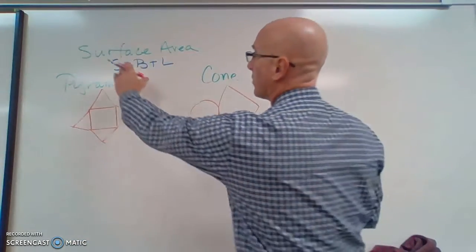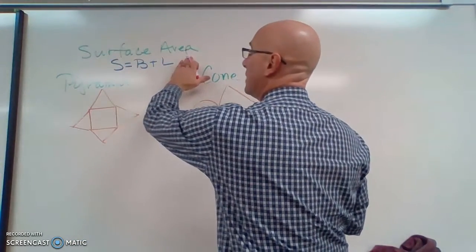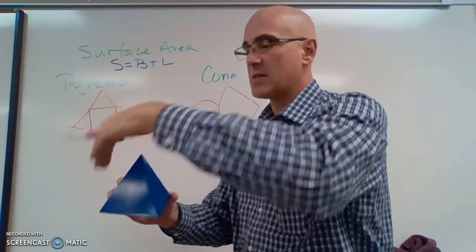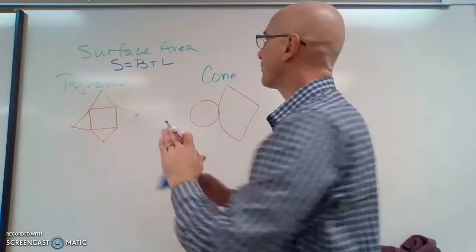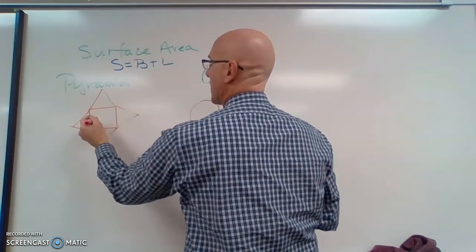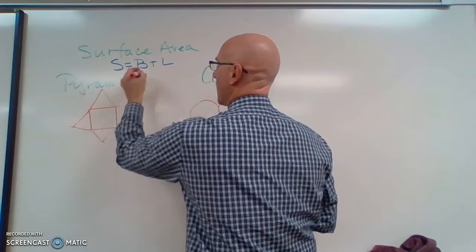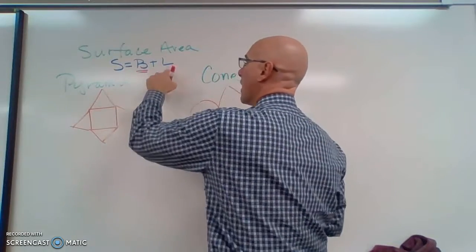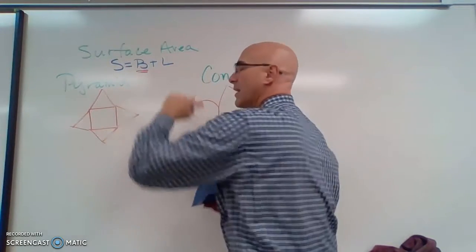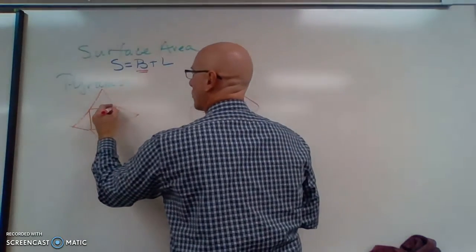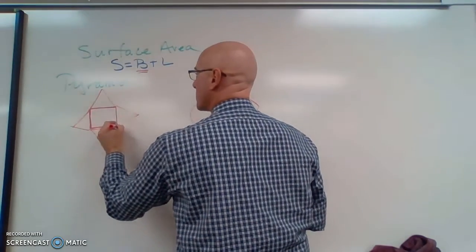So our general surface area is the area of the base plus the sum of the lateral sides. Now, in this case, we have a square, so it's just base times height. That's easy to find. Now, the lateral area, in this case, we use the perimeter of the base.